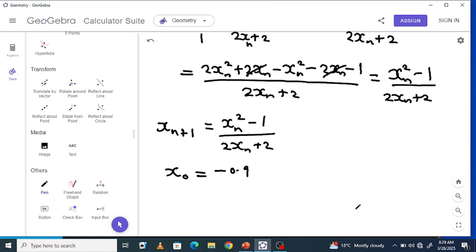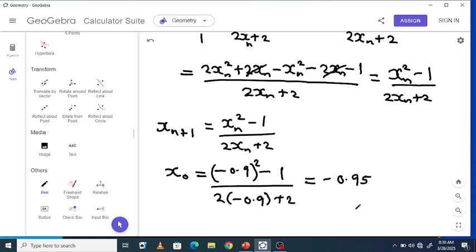You will have negative 0.9 squared minus 1 over 2 into negative 0.9 plus 2. If you solve that, you get negative 0.95.